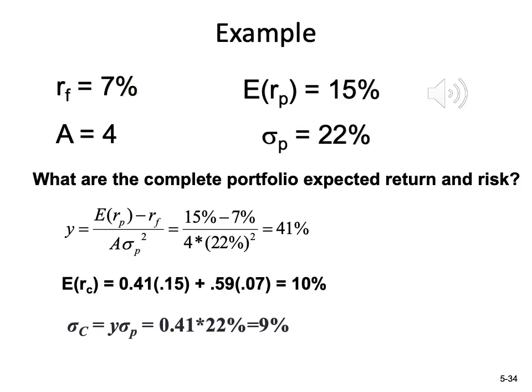That is the complete portfolio's return for this particular investor. The complete portfolio's risk, or standard deviation, is proportional to the risky portfolio: 41% of the money you put in the risky portfolio times the 22% standard deviation of the risky portfolio, which is 9%.